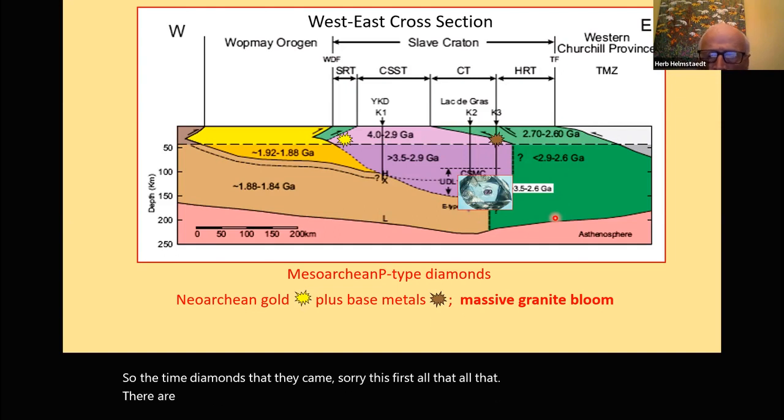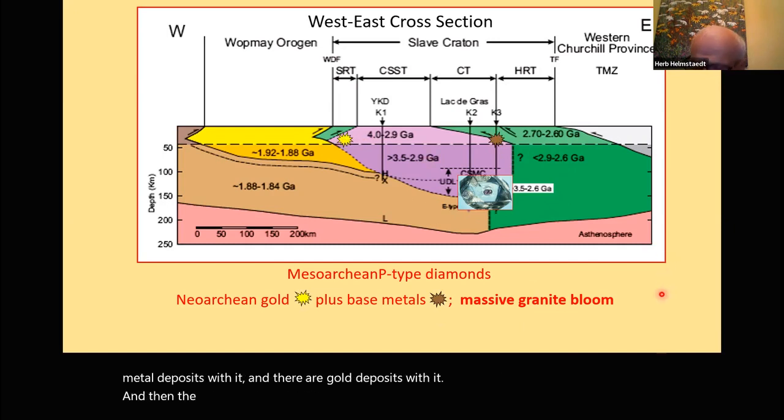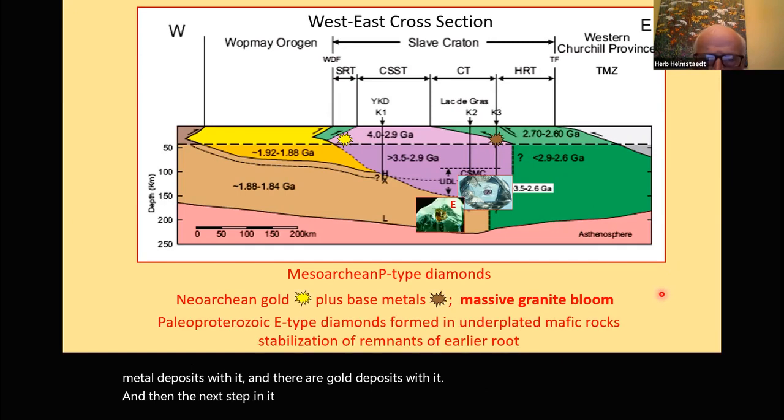So the E-type diamonds came, oh, sorry, there's first all that Neo-Archean activity, and there's this massive granite bloom related to it. And there are base metal deposits with it, and there are gold deposits with it. And then the next step in it was that the E-type diamonds went underneath.